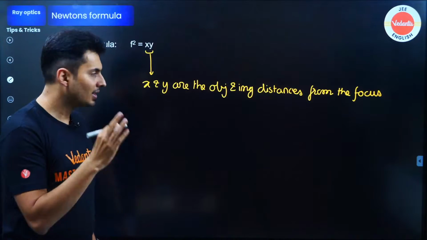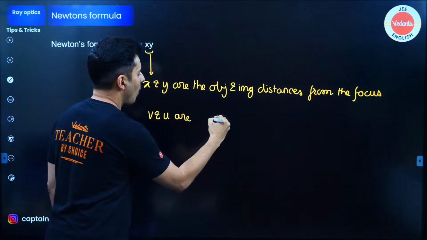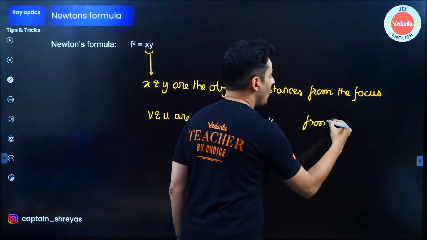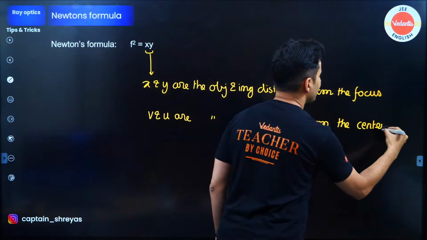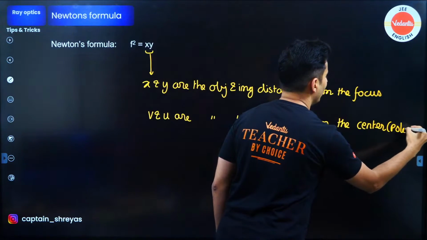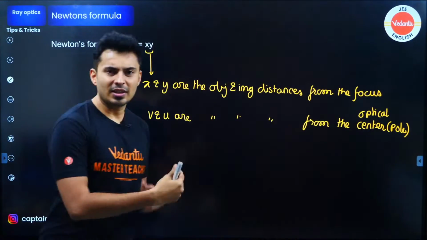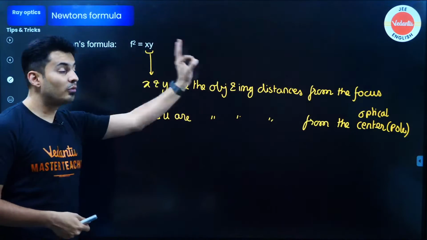Usually, V and U are object and image distances from the optical center, which is also called the pole. Optical center, which is generally the pole. But X and Y are measured from the focus.